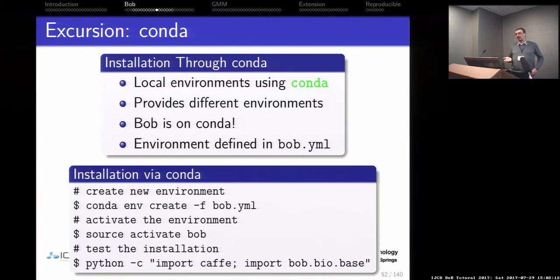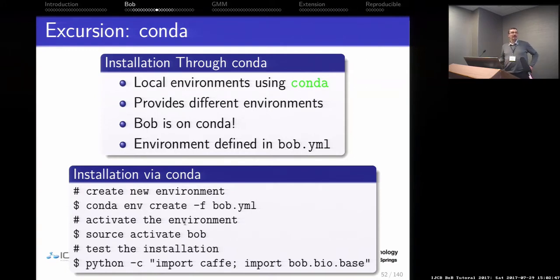For our tutorial, I have defined a Conda environment file, which I call bob.yml, and installing that is as simple as saying conda create -f bob.yml, and it will generate a local environment which installs all the required packages, so all the Bob packages and the requirements of Bob and everything around that.